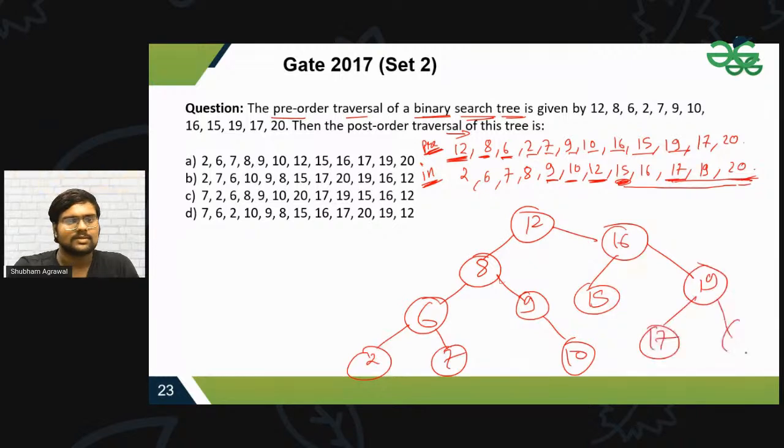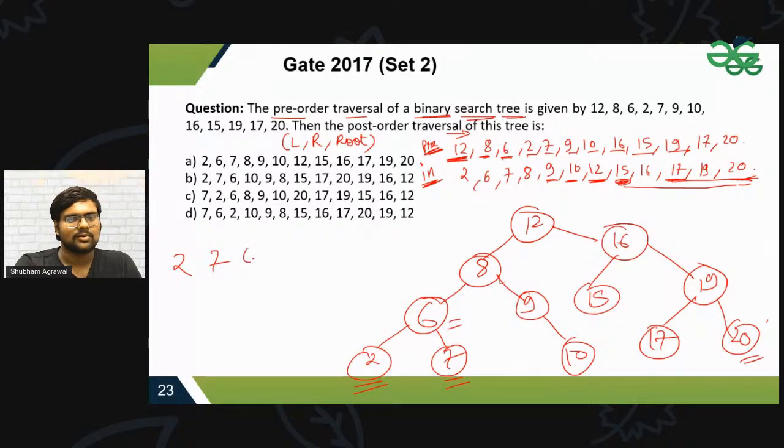Okay, so it will be our tree, and the post order traversal of this tree will be 2, then 7, since post order traversal means left, right, and root. So we will consider the root at the last. We will first consider the leftmost node, that is 2, then right 7, then root, that is 6.